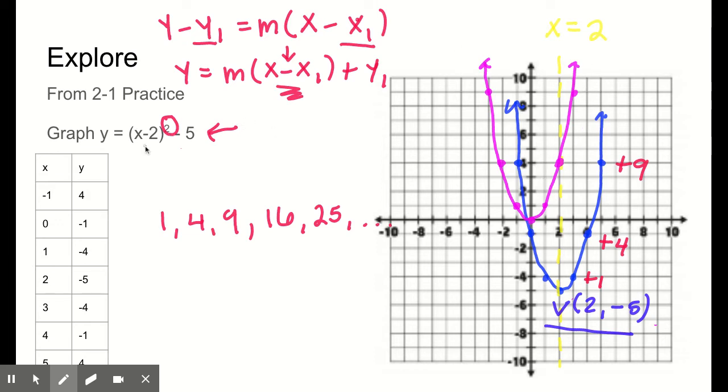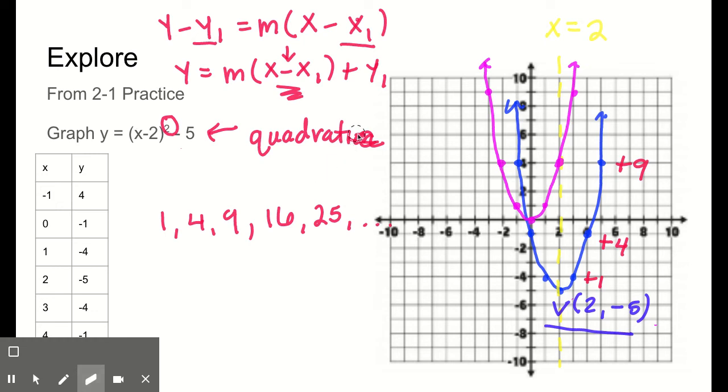And that square is what gives us a quadratic function. So anytime you have an equation where your highest degree term is x to the second power, that is a quadratic function. And again, that is what's going to give us that parabola when we graph.